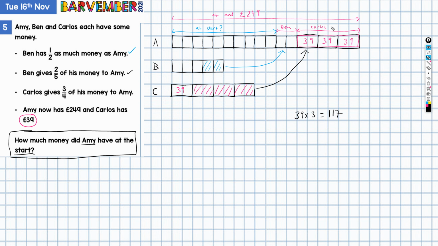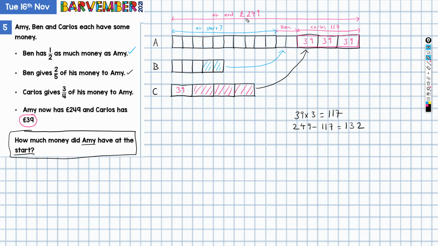So we now have this value here, 117. And if we take 117 away from 249, so 249 subtract 117, we are left with 132.